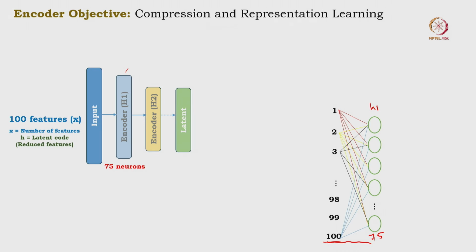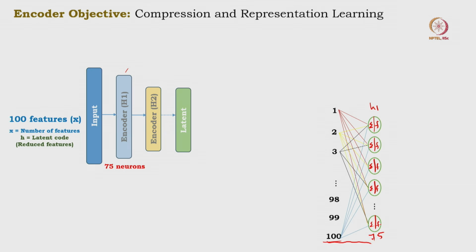Now, we have also seen what mathematical operation is performed in the neuron. You will have a summation and you will have an activation function. In a similar way, every neuron will have a summation and activation. So what are we understanding from this?